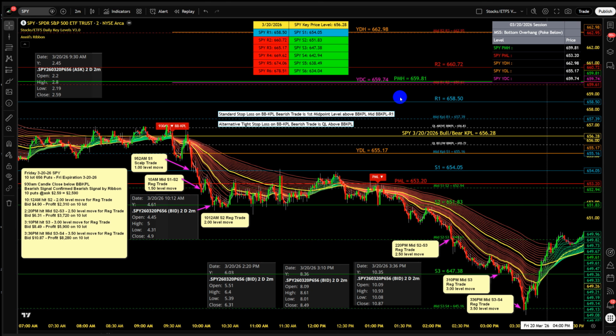Now with this indicator, because it does work on thousands of different stocks and different ETFs that are all listed on those 4 exchanges that we mentioned earlier, you're going to have to be flexible as far as the chart time frames that you're going to use, and that is going to depend on the liquidity of the particular stock or ETF that you're trading.